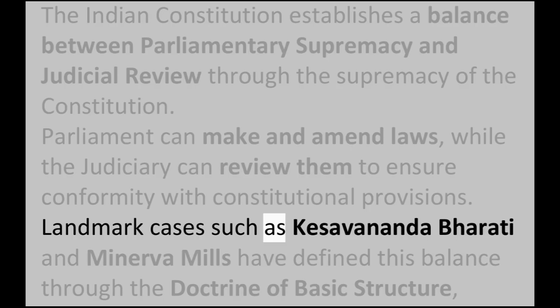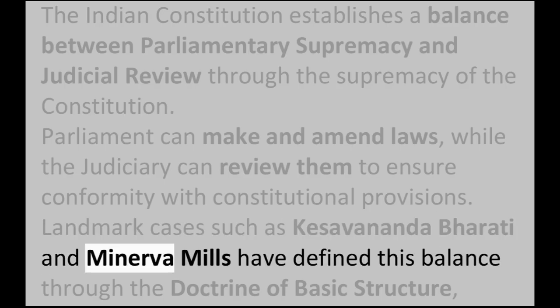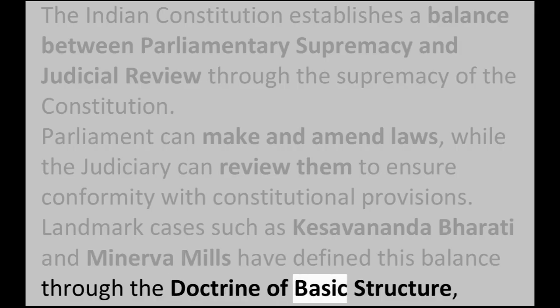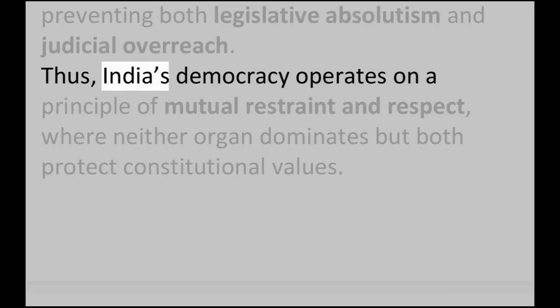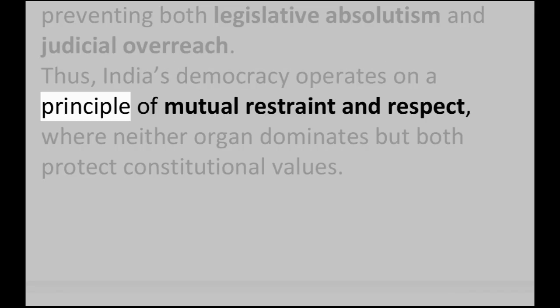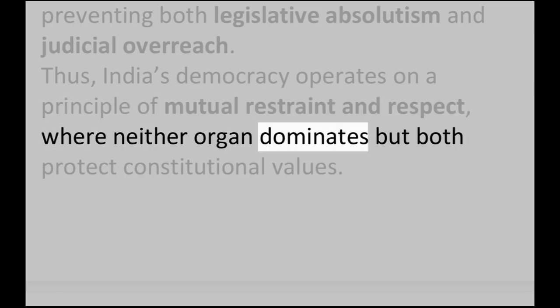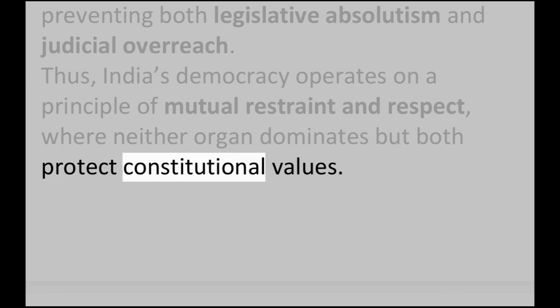Landmark cases such as Kesavananda Bharati and Minerva Mills have defined this balance through the doctrine of basic structure, preventing both legislative absolutism and judicial overreach. Thus, India's democracy operates on a principle of mutual restraint and respect, where neither organ dominates but both protect constitutional values.